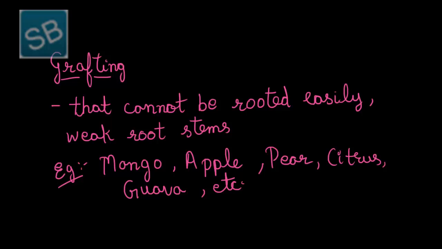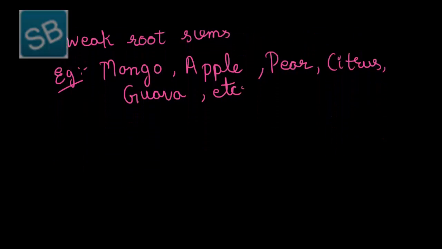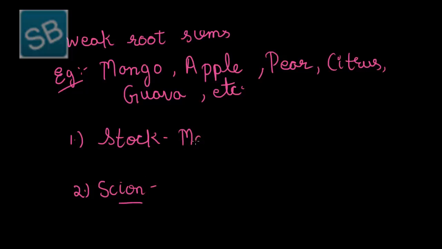In this method, there are mainly two regions which help in carrying out grafting. First, stalk, and second, scion. Stalk is the main supporting plant with the help of which grafting is carried out.